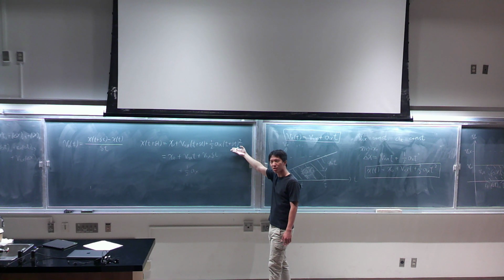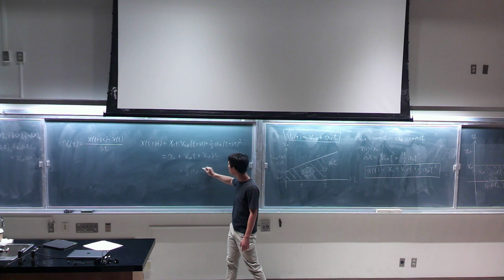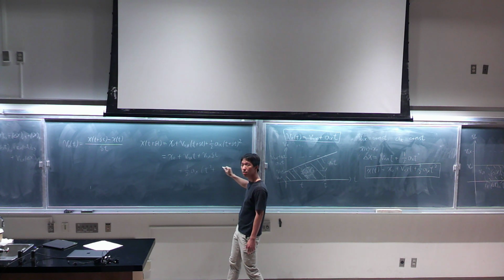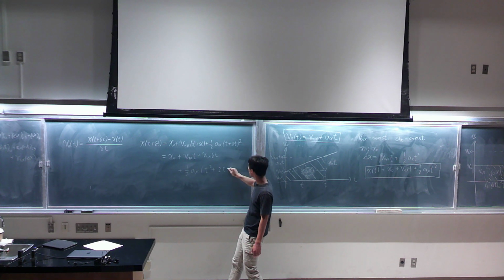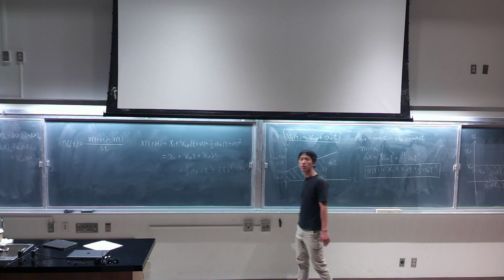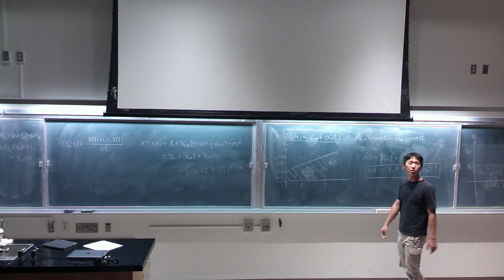A plus b squared, what's that? Binomial expansion. Have you guys learned that? This is going to be t squared plus something. What's here? 2 times t. Good. So here I'm adding this and this, so it will be t times delta t. And the last term will be delta t squared. Any question? Binomial expansion?